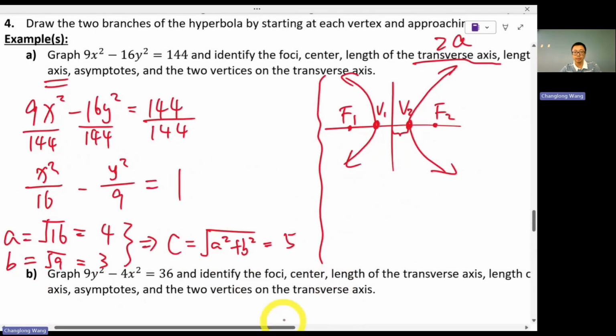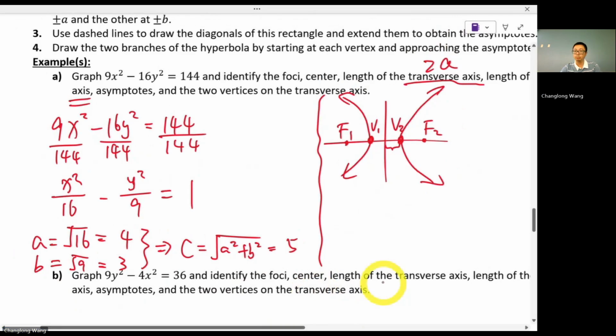Which number should we use, A, B, or C? The vertex is still associated with A. Does it make sense? That was just like the ellipse.